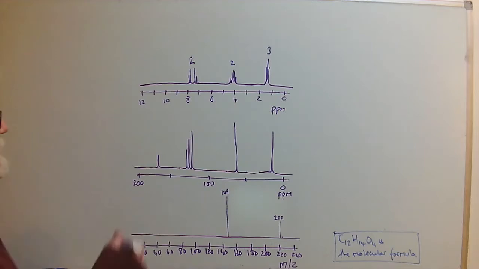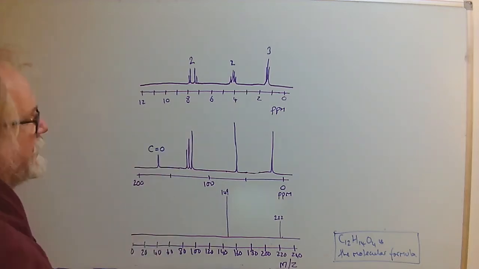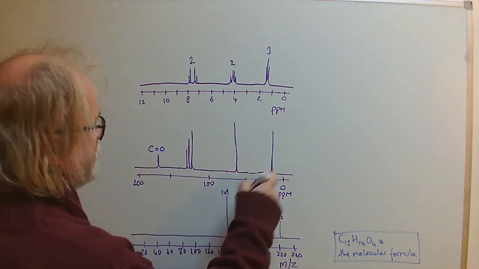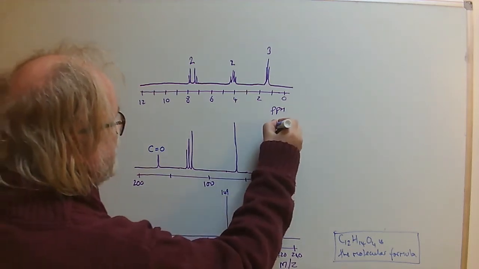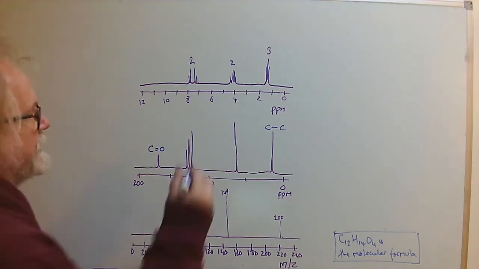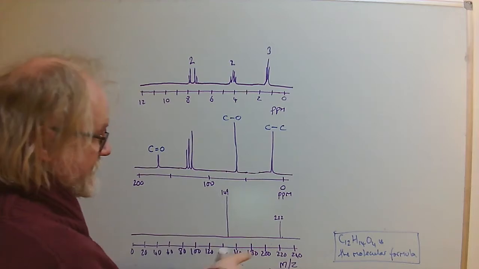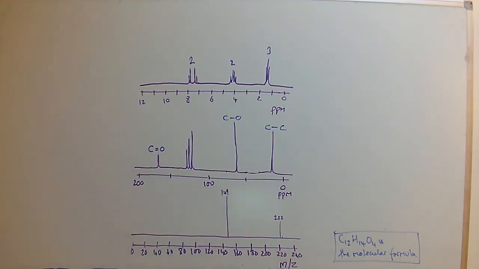Looking at chemical shifts, this one is clearly C double bond O. This one is C single bond C, and this one looks like C single bond O, because that's the only one of the possibilities that's consistent with the molecular formula.